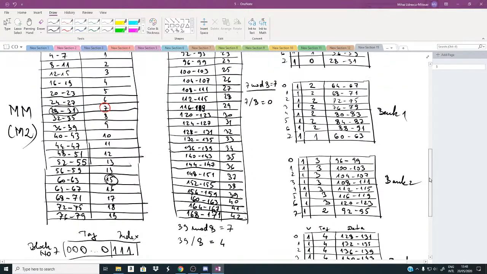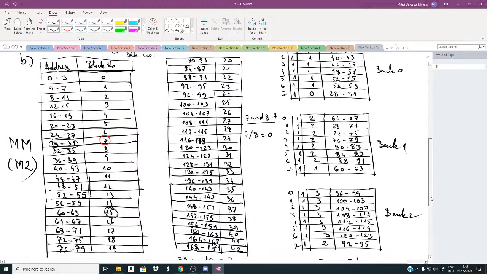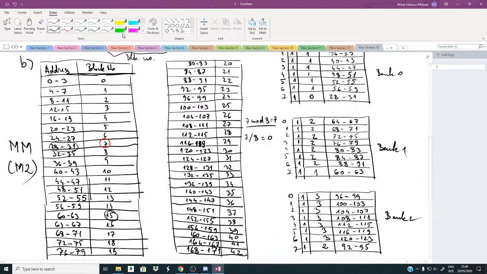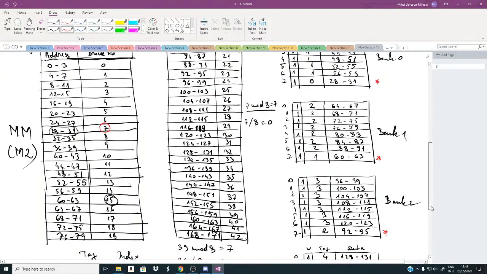Now, that's where this policy, least recently used, comes into play, because I need to throw something out of the cache. It's a competition between this block, this block, this block, and this block.